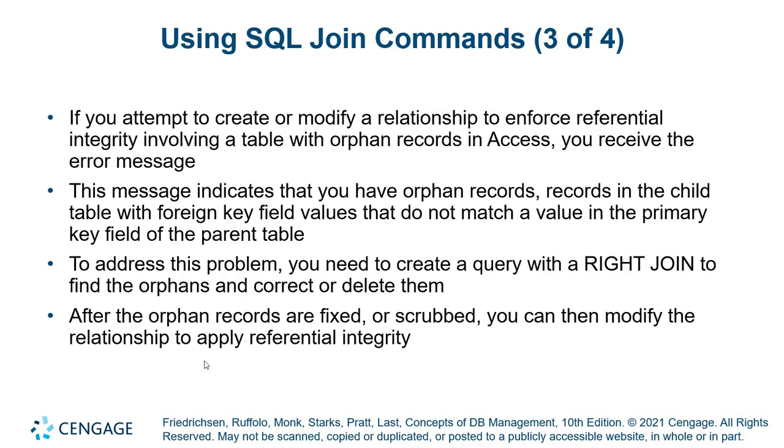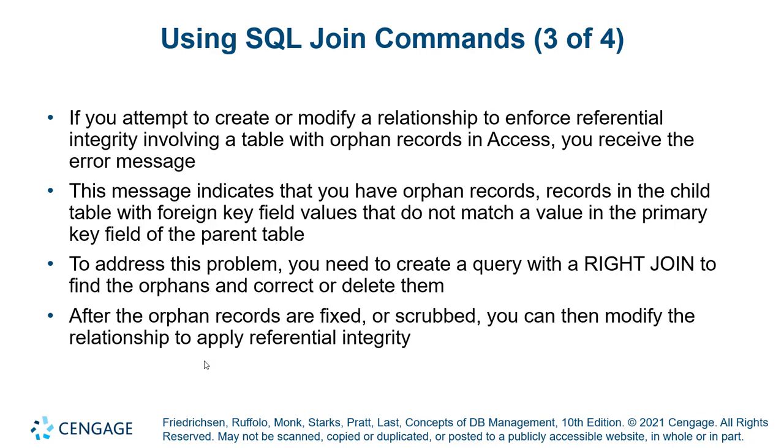So if you ever create a relationship and you try to enforce referential integrity, which we talked about in our last segment, if there are orphan records that exist, it will give you an error because, as I mentioned, the whole point of referential integrity is that it does not allow for orphan records.